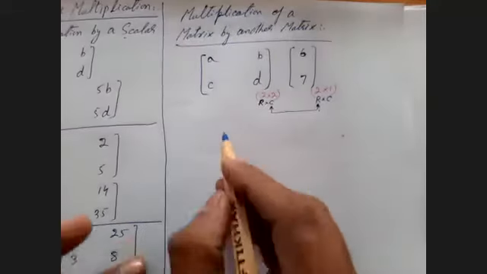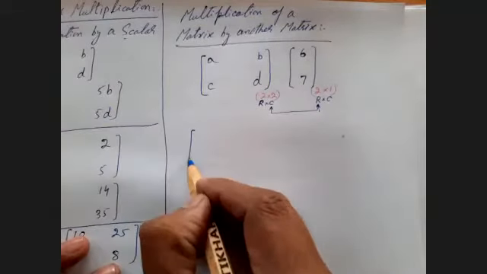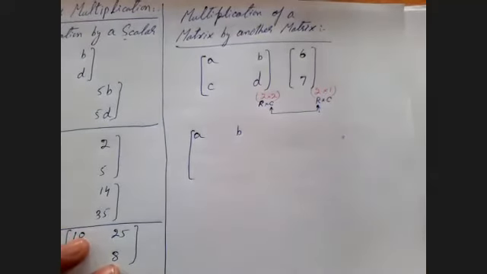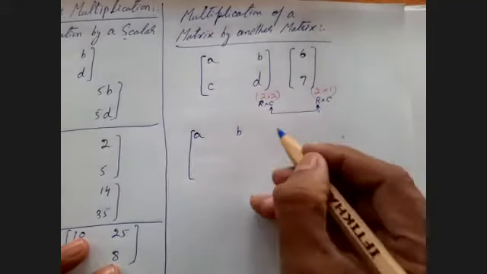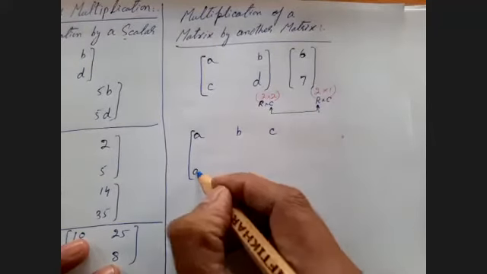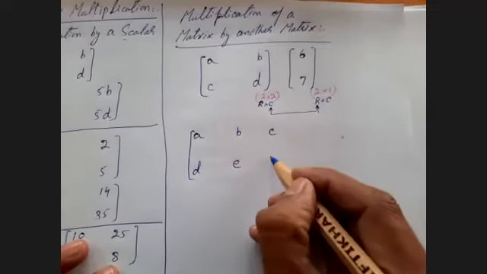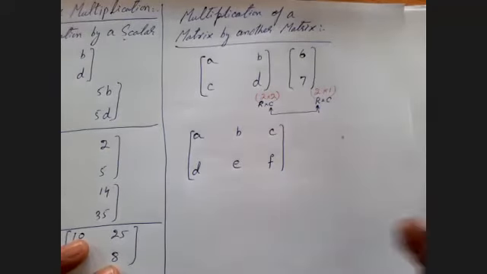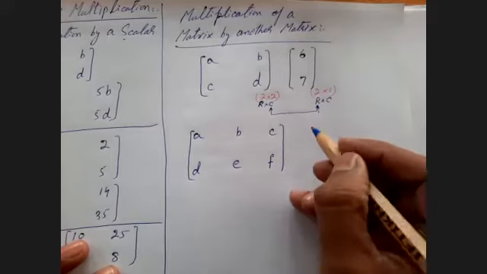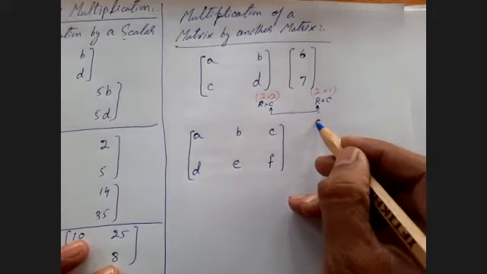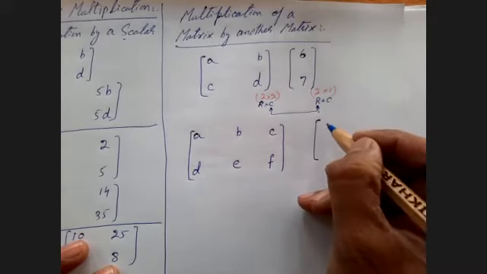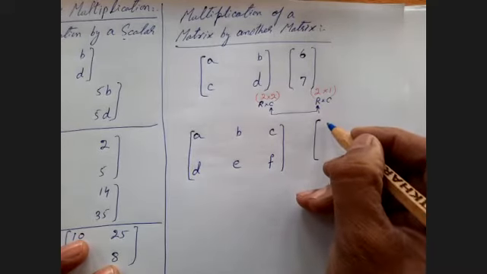I am writing another example like if I write A, B, C, D, E, F. Now here I am writing another matrix, say 6 and 7.